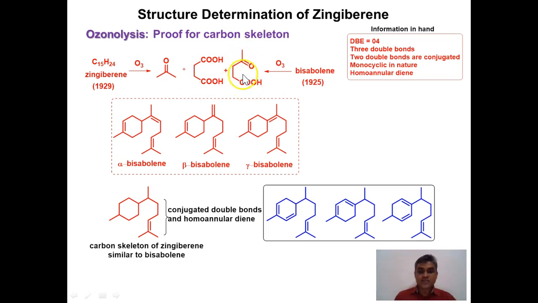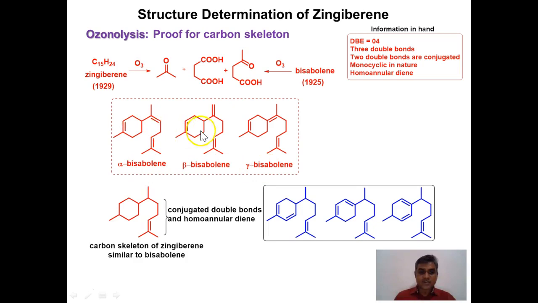Now the formation of levulinic acid as well as this dicarboxylic acid and acetone, similar ozonolysis products were obtained by the ozonolysis of bisabolene. It was the year 1925, so before the structure elucidation of gingiberine, chemists were having some literature support from the ozonolysis of bisabolene. And bisabolene exists in alpha form, beta form as well as gamma form.